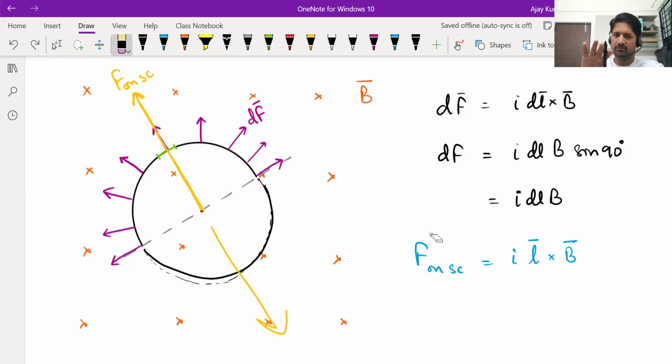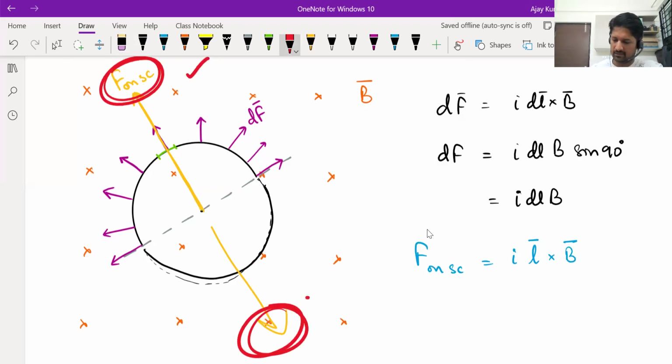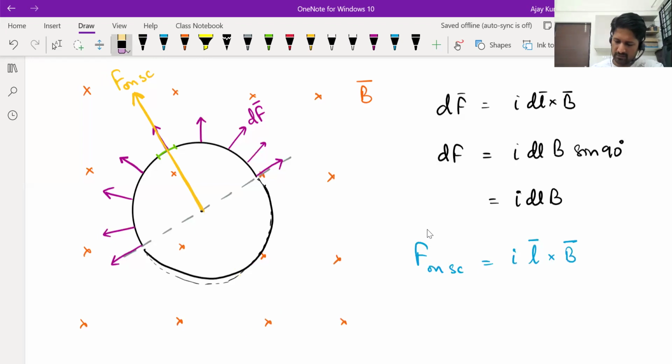On the entire system, on the full circle, yes, this force is balanced by this. That I agree. But if you only consider one part of the system, only that semicircle, what is balancing the magnetic force?